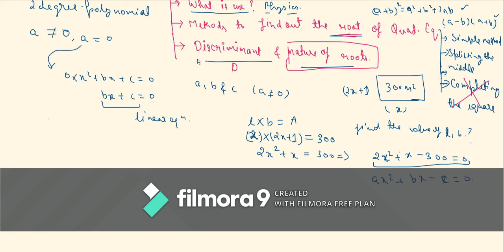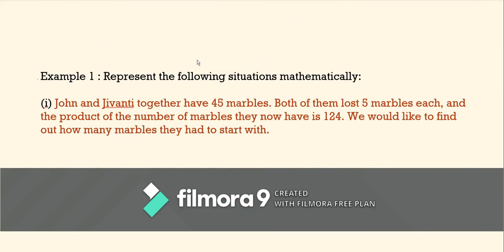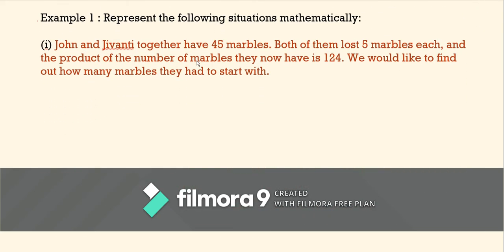So let's begin with the first problem from your NCERT book, and in this problem we'll cover the concept of how to make a quadratic equation, as I have shown in the example above.